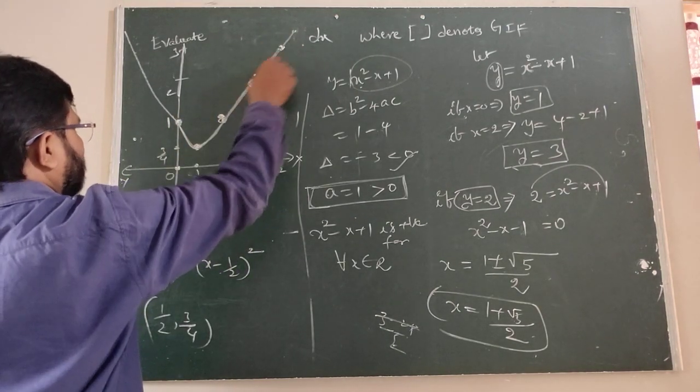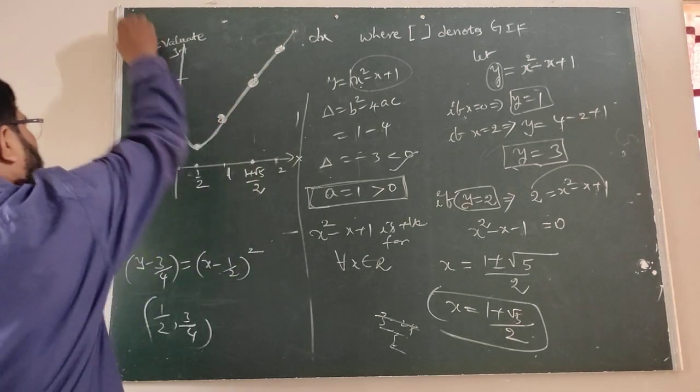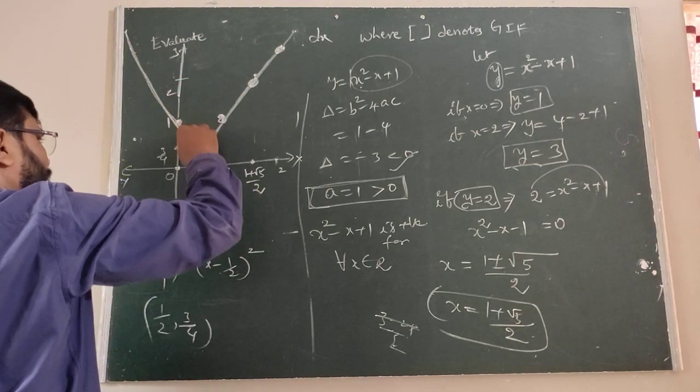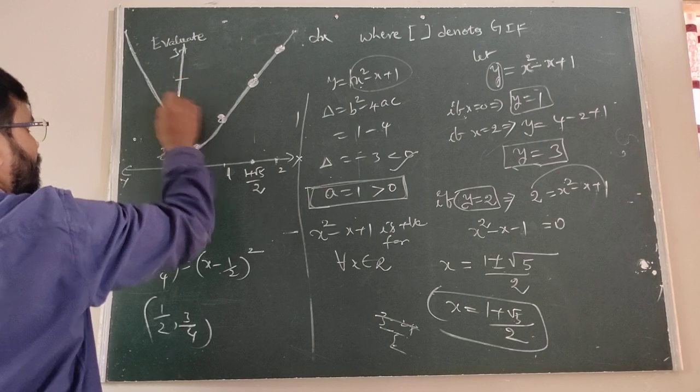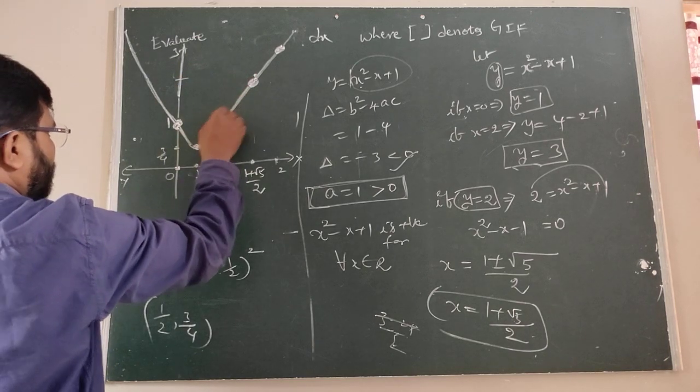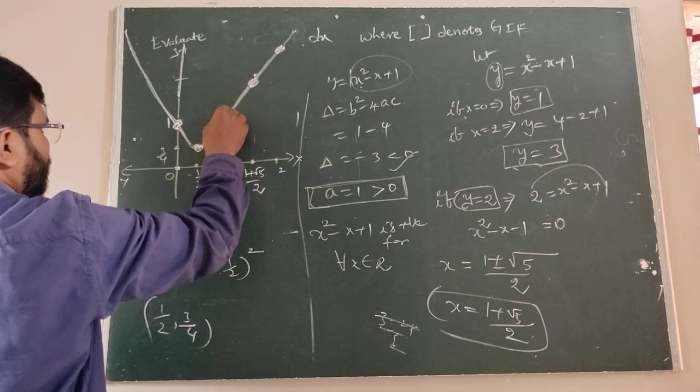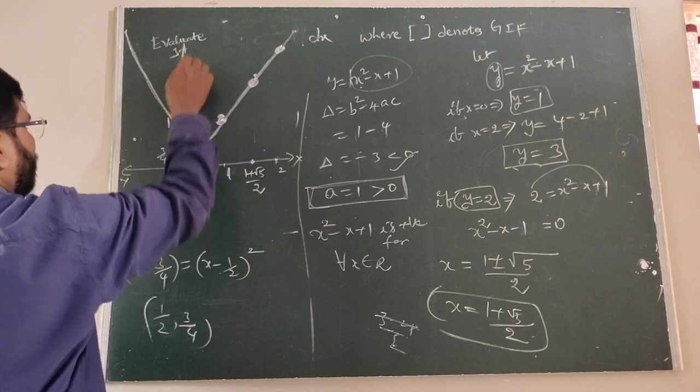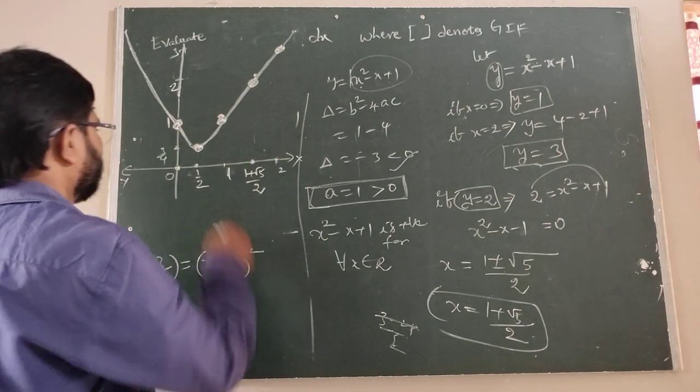Is all of it clear here? This is our required parabola. This is 1, this is 1, this is 2, this is 3.